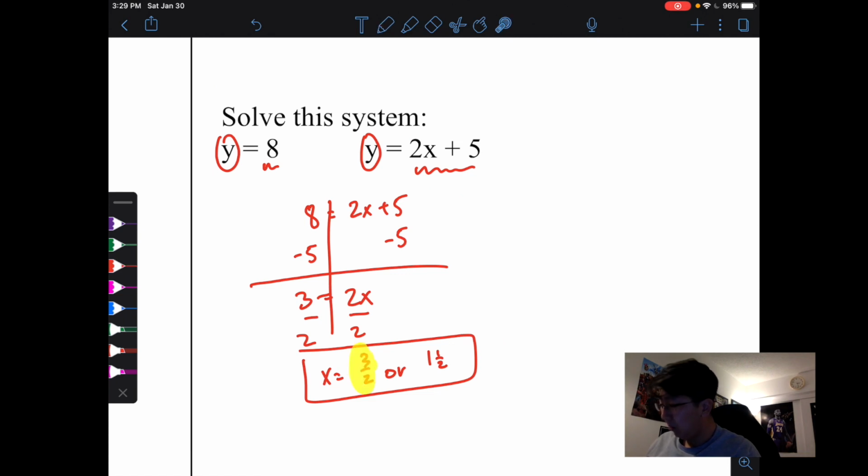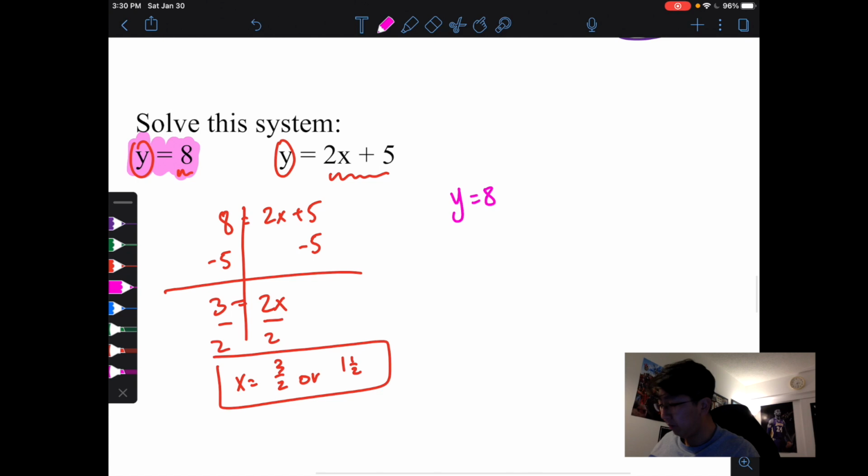Okay, so I'm going to plug this back in. There's nothing to plug in here, so technically the first one is y equals 8. Hopefully our y value is 8. And the second one, hopefully it will be 8. Let's see.